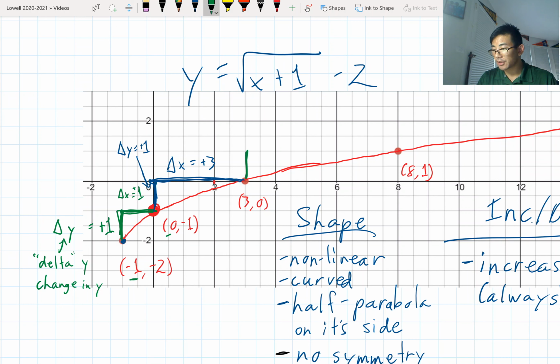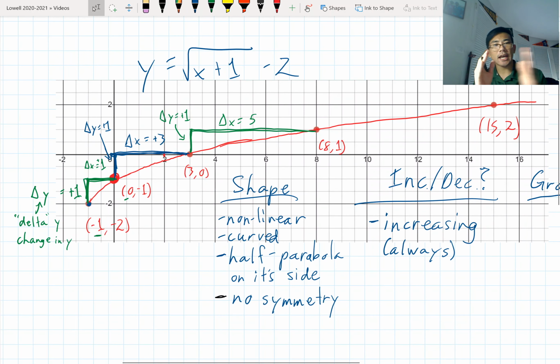And the next one you can see here, and this will be the last one that I do, my change in y, once again, I just went from 0 up to 1. To get just one change in y, how many steps in the x direction did I have to take? Well, I had to go from 3 to 8, which is 5. And so you can notice, as we go left to right, what's happening to the growth rate?